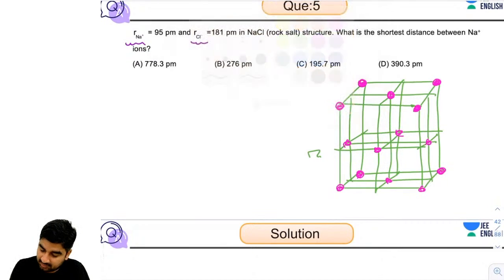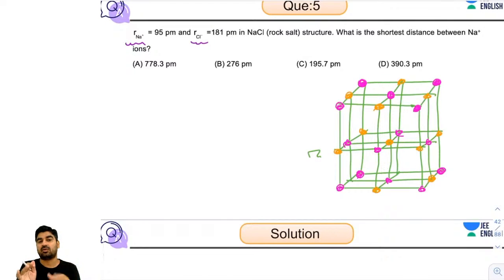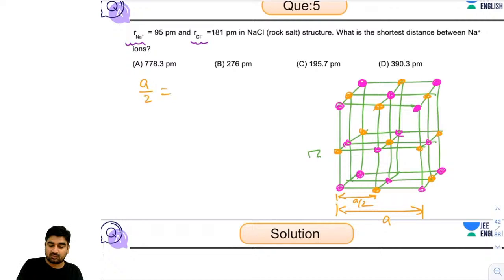And guys, where would be Na plus? These will be present at the edges. So if I'm talking about this, there would be one Na plus at the body center. So this is the location of octahedral void in FCC. So when I'm talking about this, guys, this distance will be a by 2. And if this distance is a by 2, guys, a by 2 would be RNa plus and RCl minus.